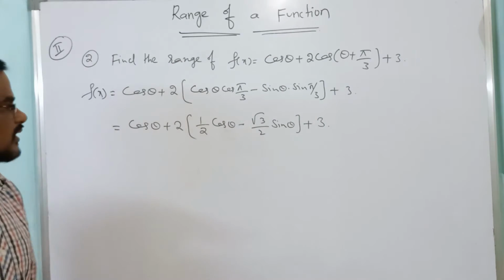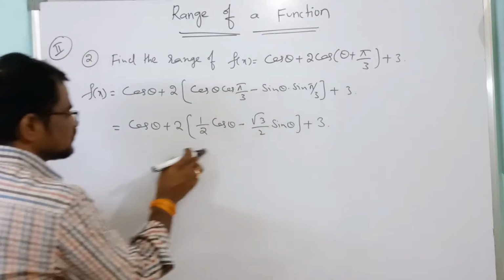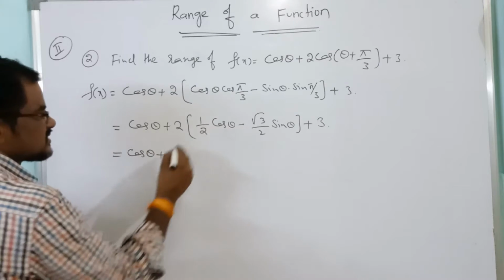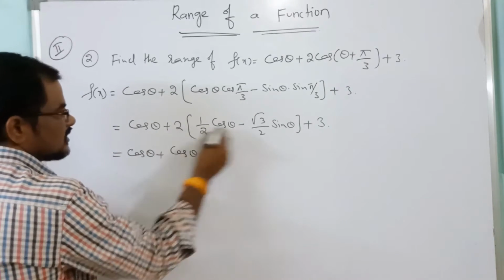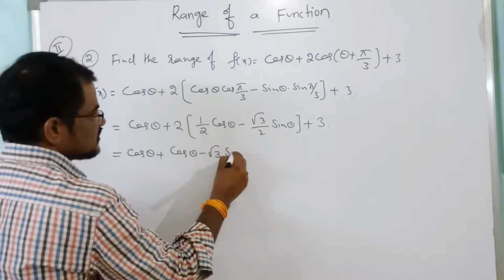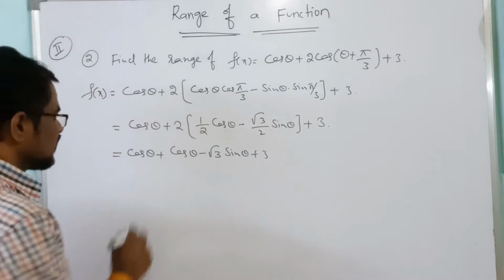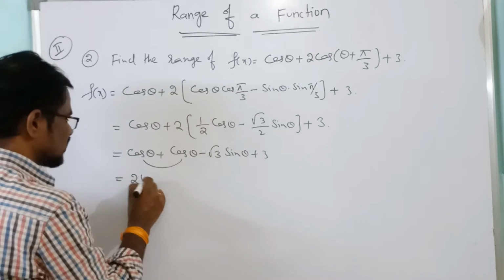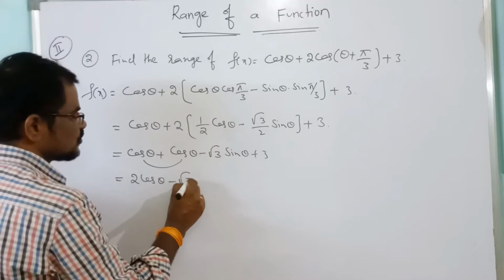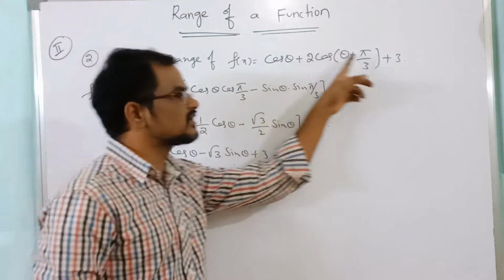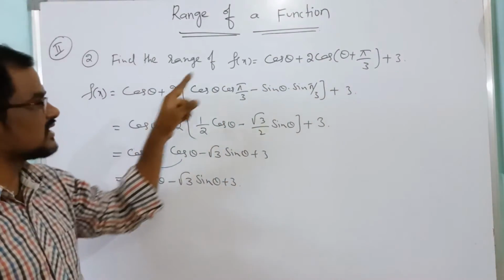Now multiply with 2 for these two terms. That is equal to cos theta plus here cos theta and minus root 3 into sin theta, plus here 2 gets cancelled. Now from these two, you can write 2 cos theta minus root 3 into sin theta plus 3. Now this is in the form of a cos theta plus b sin theta plus c.